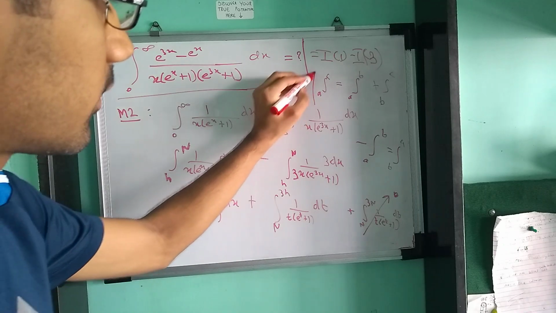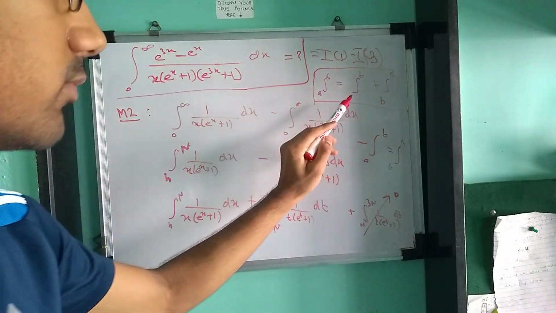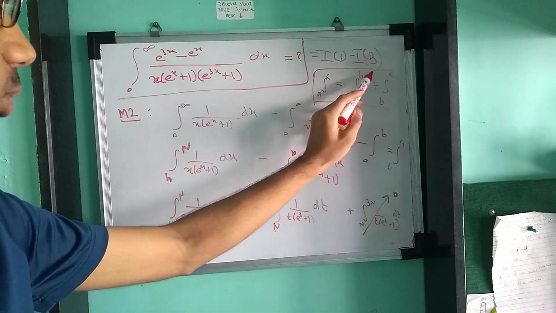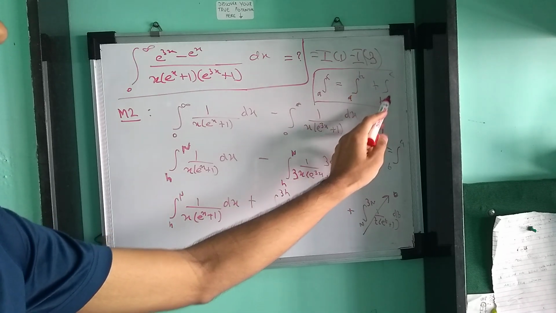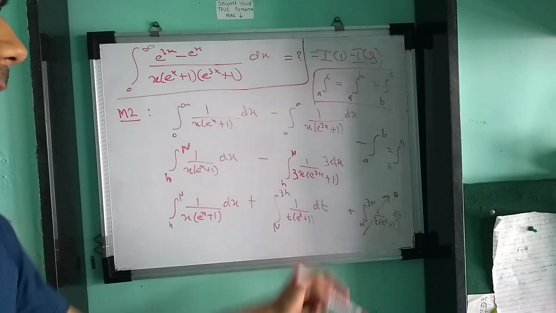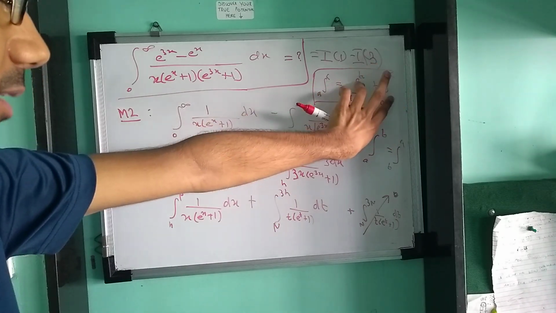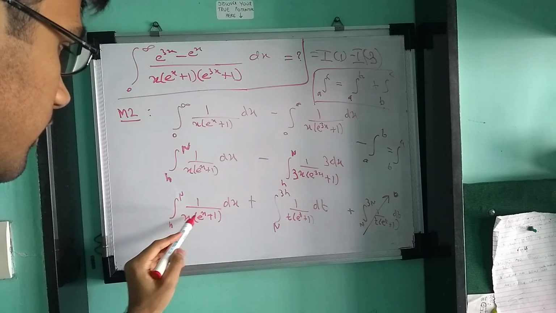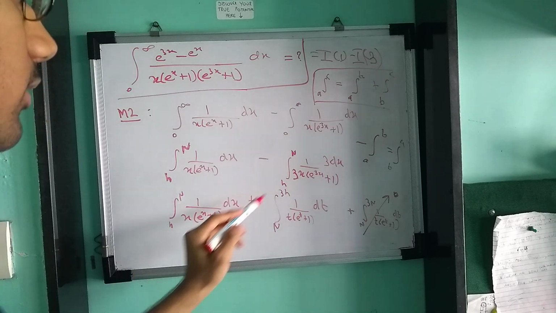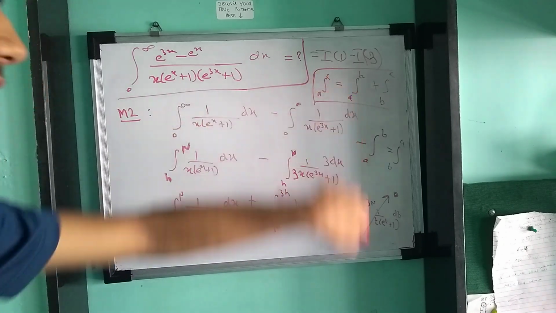Now notice this property again. We have an integral from h to n, and then from n to 3h. So the sum of these two integrals is equal to the integral of 1 by x into e to the power x plus 1 from h to 3h.